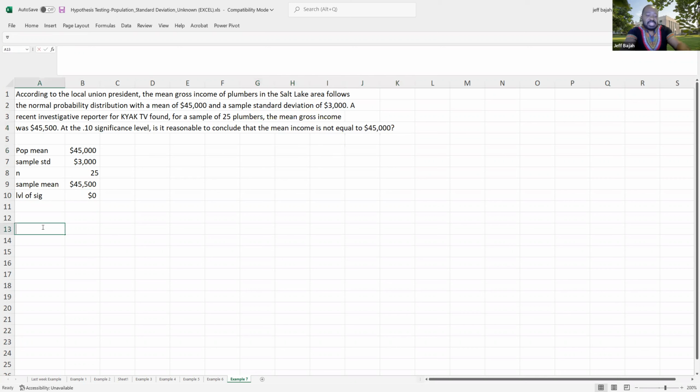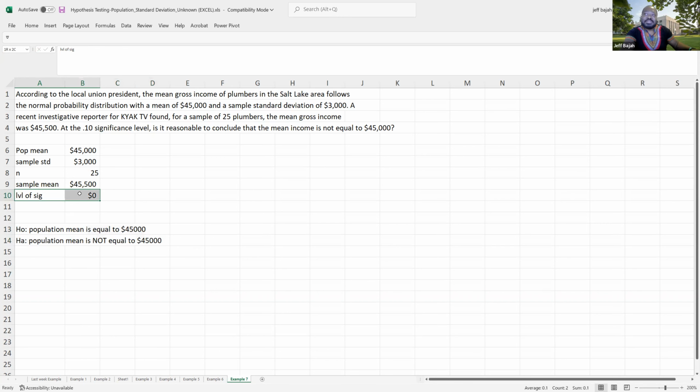So that means that H sub 0, the population mean, is equal to 45,000. And then for H sub A, the alternate will be the opposite, which is not equal to that. See, step 1, nice and easily done, right?